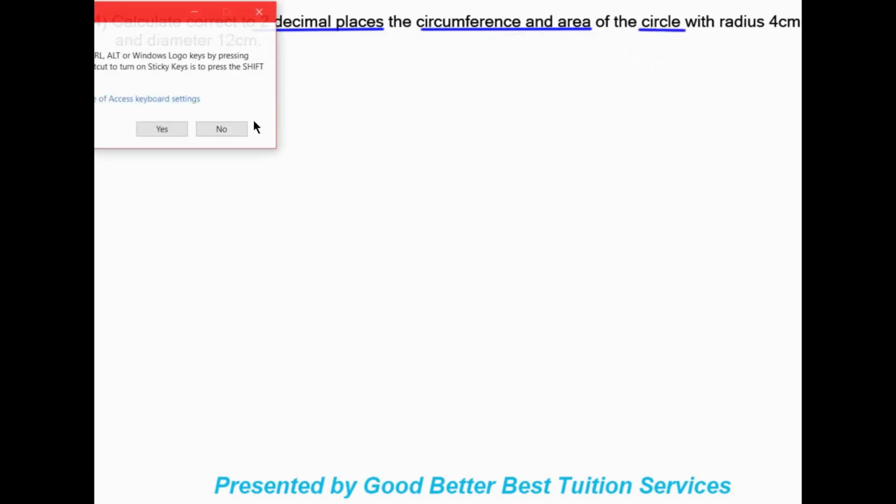Then, moving on to our last example, we have: calculate, correct to 2 decimal places, the circumference and area. Remember, circumference in a circle is basically our perimeter of the circle, with a radius equal to 4 centimeters and diameter equal to 12 centimeters.